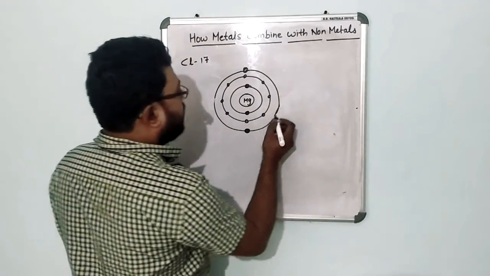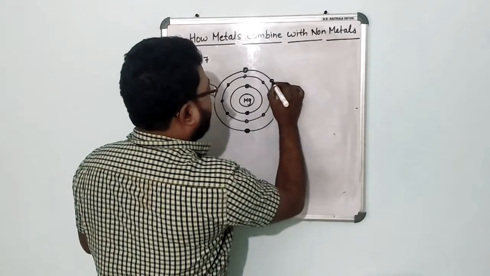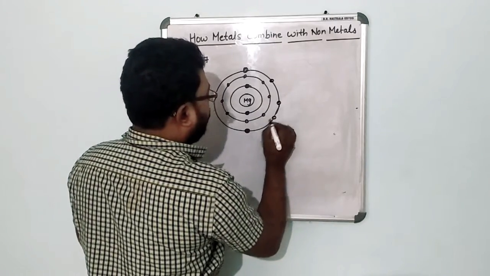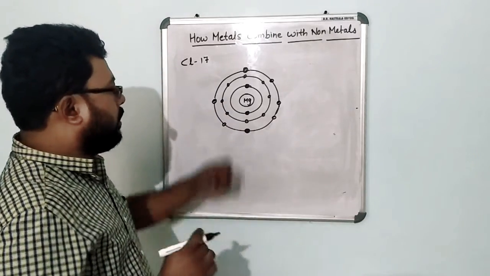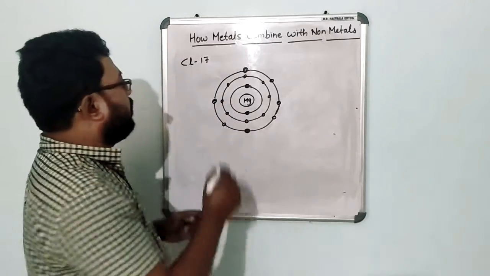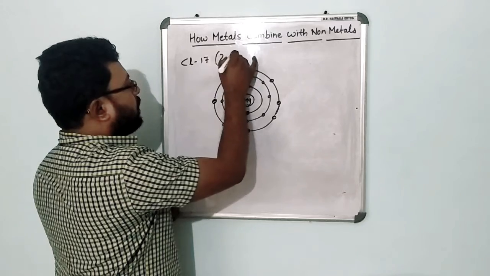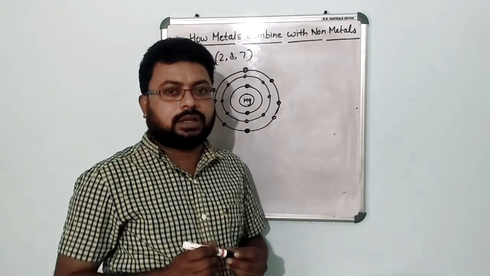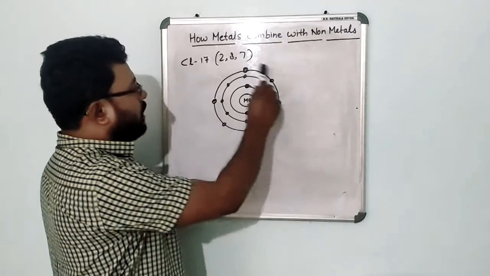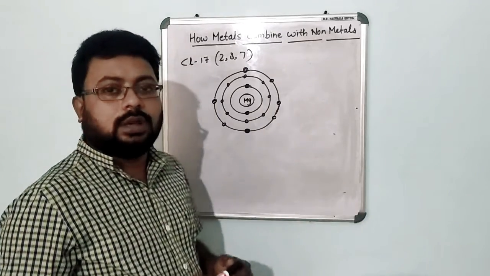Now 17 means that its outermost shell will have 1, 2, 3, 4, 5, 6 and 7 electrons. Okay, and of course 2, 8 and 7 would be the electronic configuration. So its outermost shell will have 7 electrons.